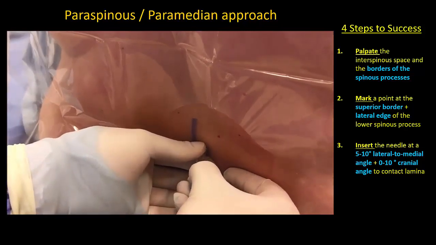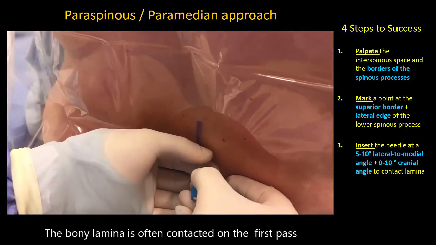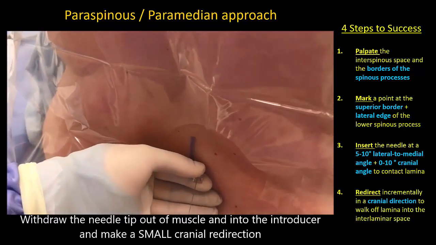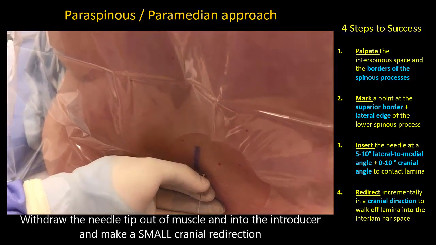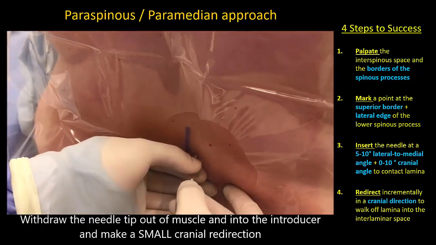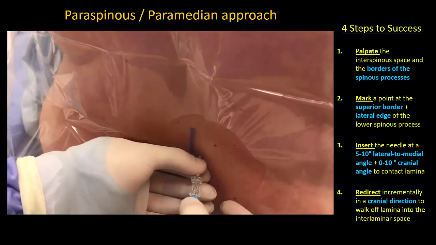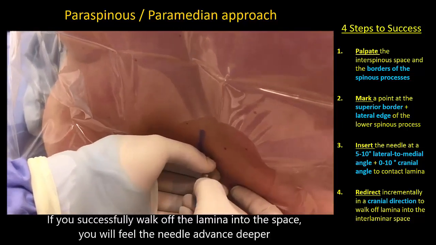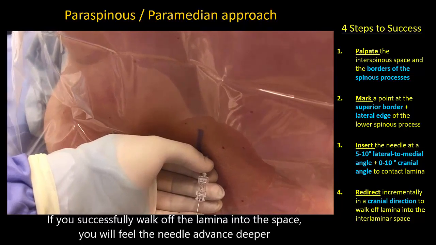This will often contact the lamina on the first pass. If so, the 4th step is to withdraw and make incremental redirections in a cranial direction without changing the lateral to medial angle. This will walk the needle tip off the lamina and into the interlaminar space.